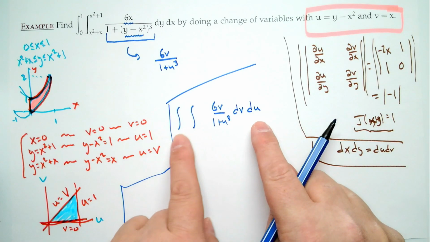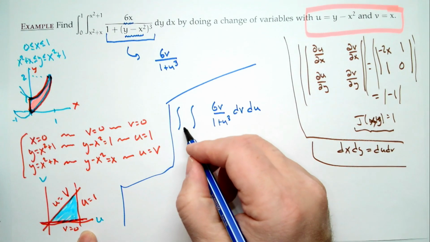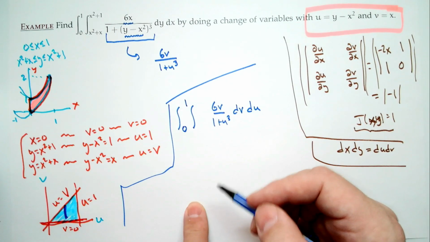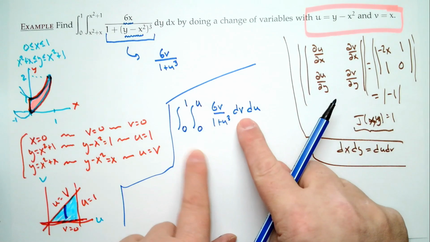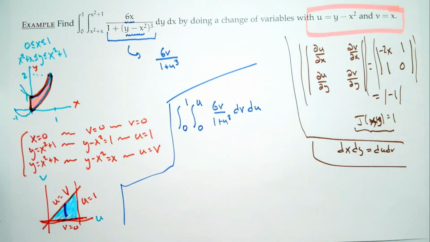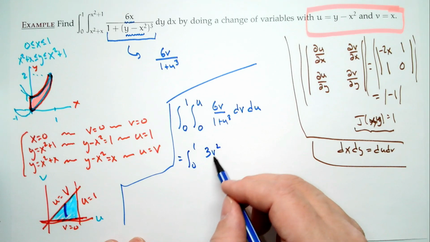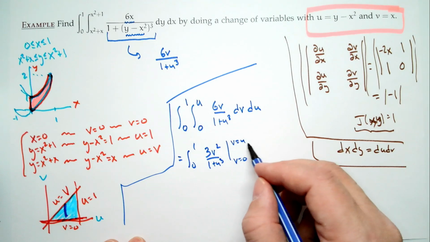So where does u go from? 0 to 1. Now, if I pick a u, where does v go from? 0 to u. Because these are v bound, so I need v equals something. V equals 0 and v equals u. So we have to keep going. When we integrate the inside with respect to v, what do we get? 3v squared over 1 plus u cubed, evaluated from v equals 0 to v equals u, du.